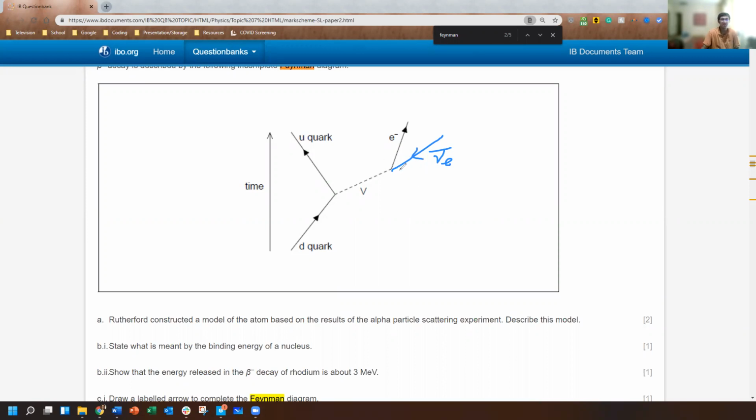So I think that's why it goes on this side. If I drew time on this axis, then this probably would have been a down quark here, becomes an up quark here, and then you have the weak interaction, and you have probably something like that.